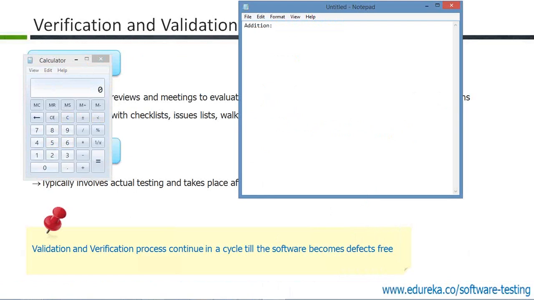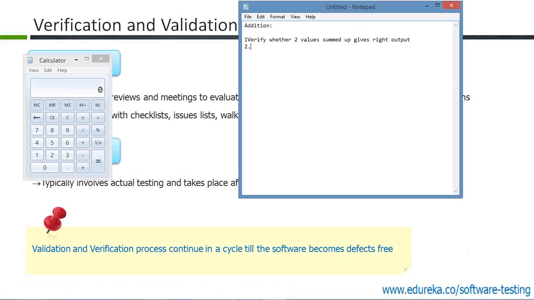So I can say: verify whether two values summed up gives the right output. Okay, this is one way of writing.